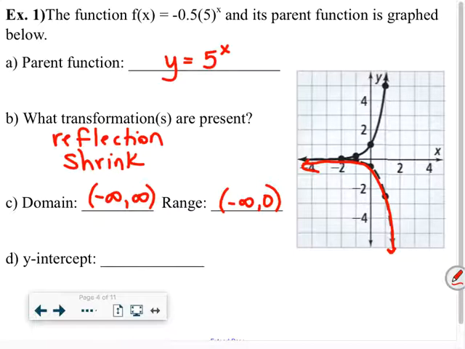The y-intercept. You guys remember the y-intercept is 0, comma, the a value. Now, there was one more thing I wanted us to add that I forgot to put a blank. There is a horizontal asymptote of y equals 0.